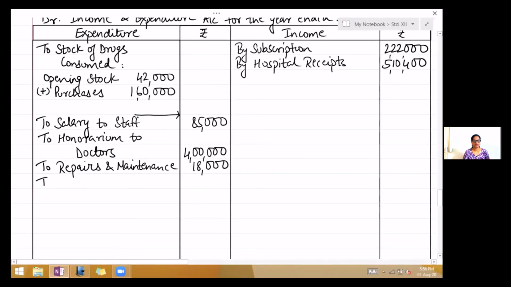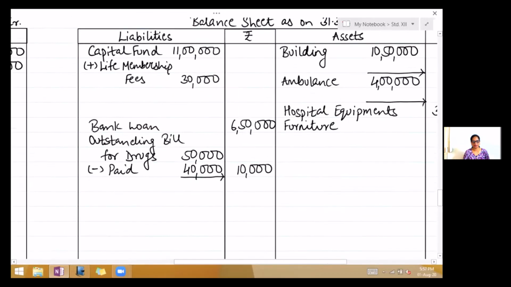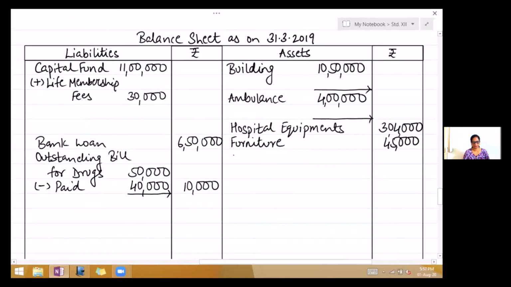To general expenses 16,000. And last we have by balance carried down. This is your cash balance. So on the asset side, write cash 2,400.